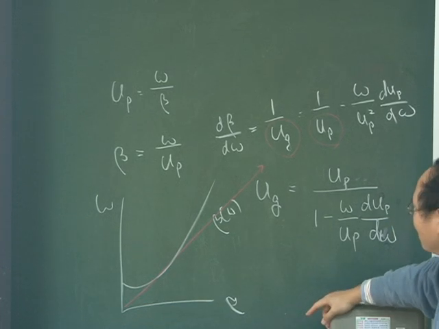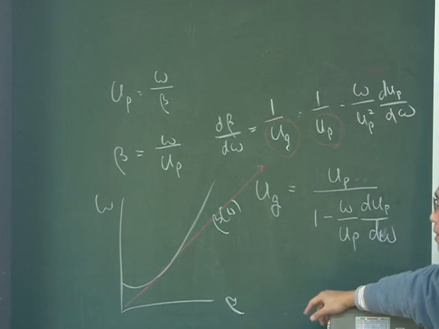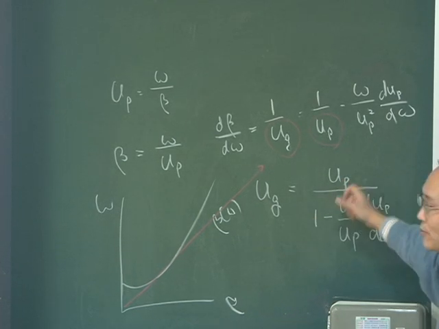So in some system, if I have a nonlinear curve in the omega beta diagram, then the group velocity and phase velocity will be different.